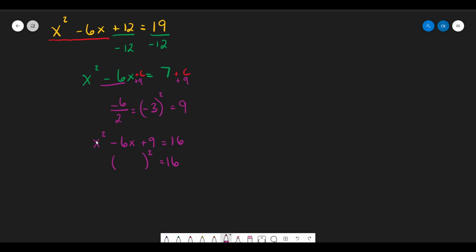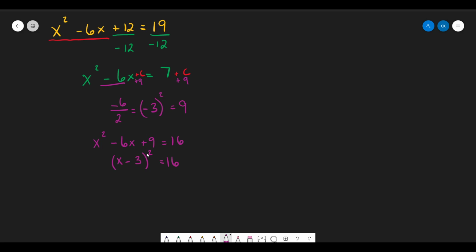You're going to have your variable, whatever it may be, and then you're going to get whatever this number is right here. When you did b divided by 2, this negative 3, that is going to be the next part. That's going to be the number that you put here. So it's going to be x minus 3. And that's how this perfect square trinomial gets factored.